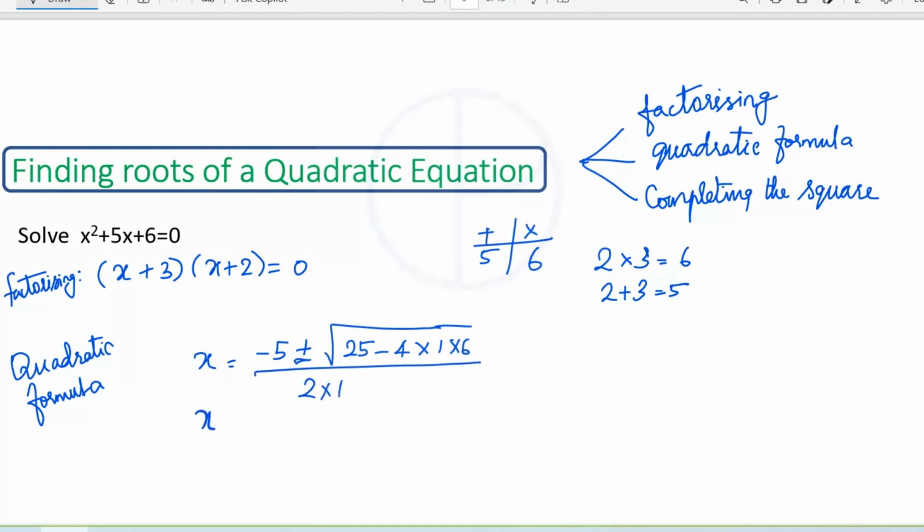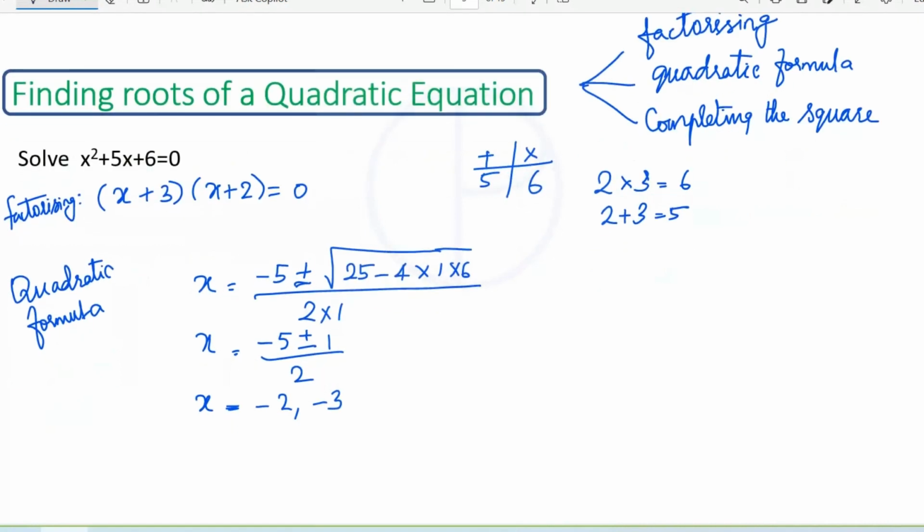On simplification, you'll get minus 5 plus or minus square root of 25 minus 24 is 1. Square root of 1 is 1, divided by 2. So x will be negative 2 and negative 3.